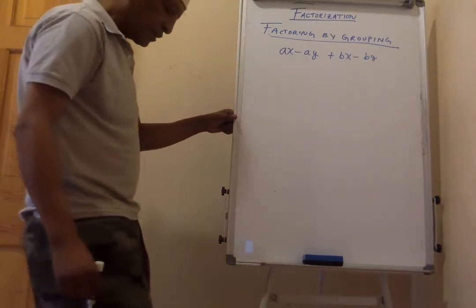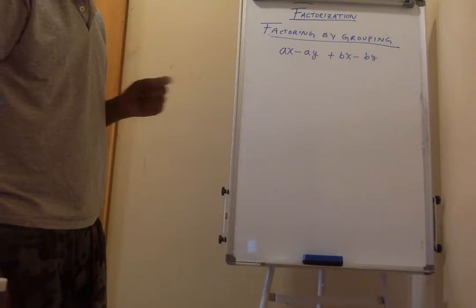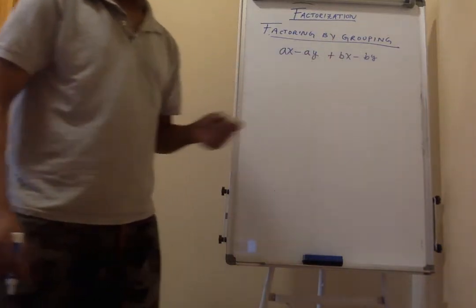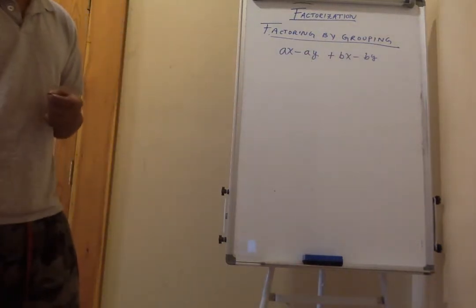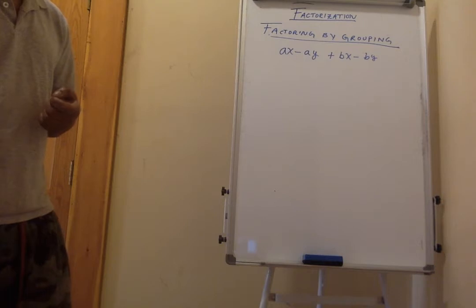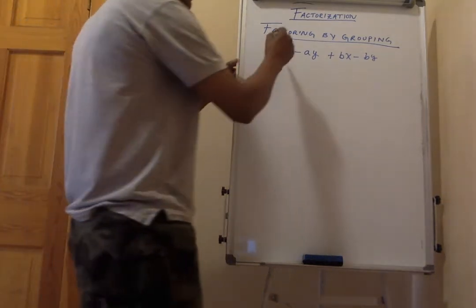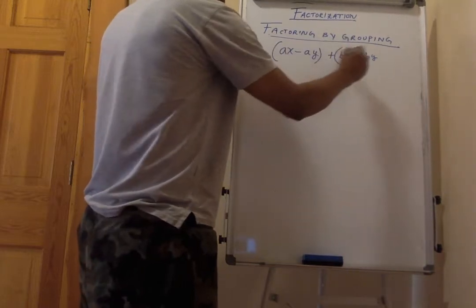In factoring by grouping, make sure that there are 4 terms. Okay? If there are 5 terms or 3 terms, then it's not conceivable that we are doing factoring by grouping. So let's group this one and see what happens.